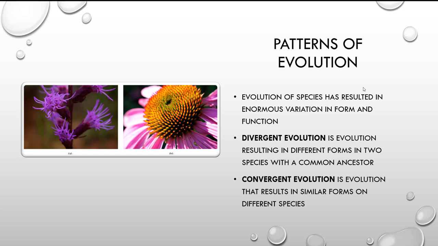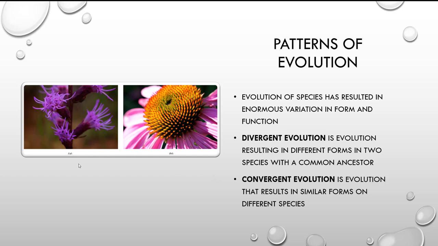Divergent evolution is evolution resulting in different forms in two species with a common ancestor. That means we have two species that came from the same common ancestor, but they evolved over time into different forms, based on whatever the situation was.